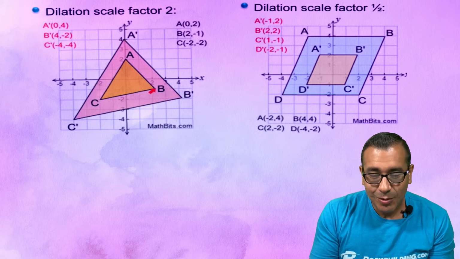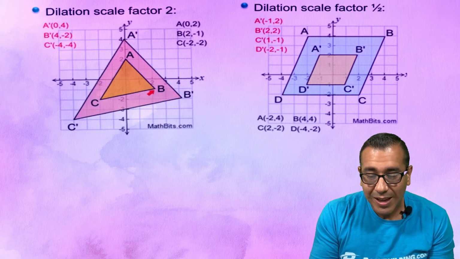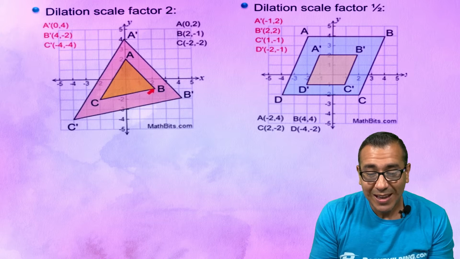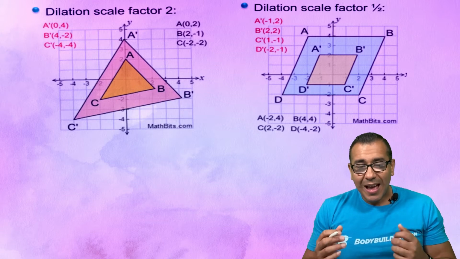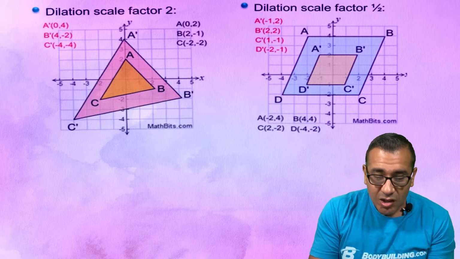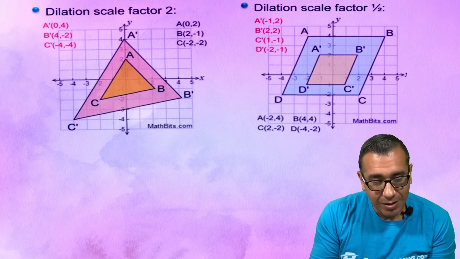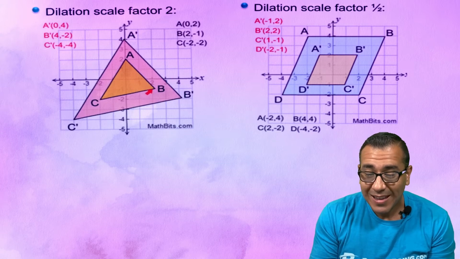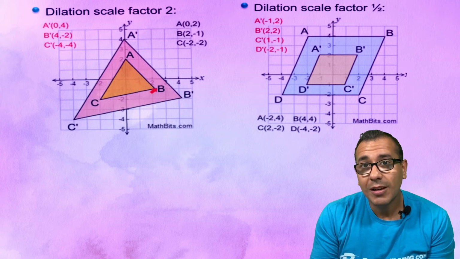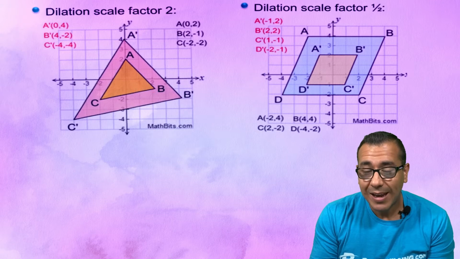This guy that was right here at the point 2, -1. So when I stretch it out, I'm going to multiply both those by 2. So this X value that was once at 2, I multiply by 2 and I get 4. And this height that was once at -1, I multiply that by 2 and I get -2.